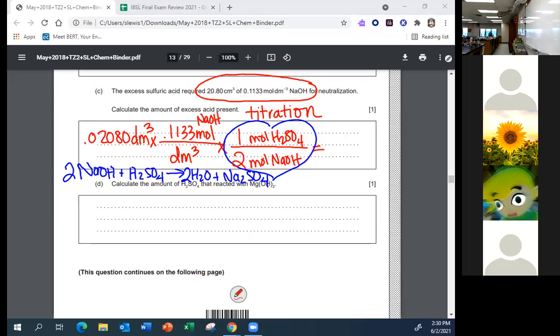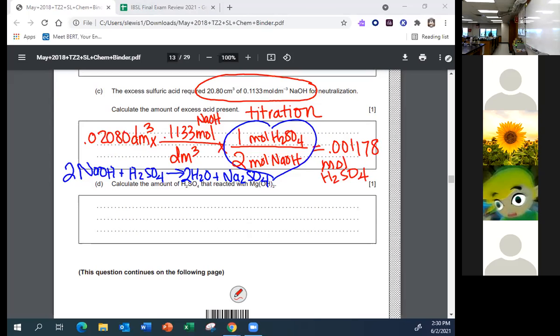So you do the math and find that 0.001178 moles of H2SO4 were left over. In A and B, we reacted the tablet with the H2SO4. In C, we took the extra H2SO4 and reacted it with sodium hydroxide.